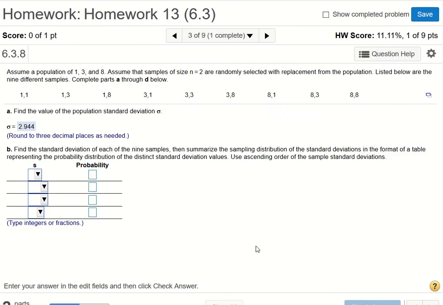All right. Now let's look at part B. Part B is telling us to find the standard deviation of each of the 9 samples, and then we will summarize it into a probability distribution. Again, I'm going to use StatCrunch. I'm going to open all the values here.